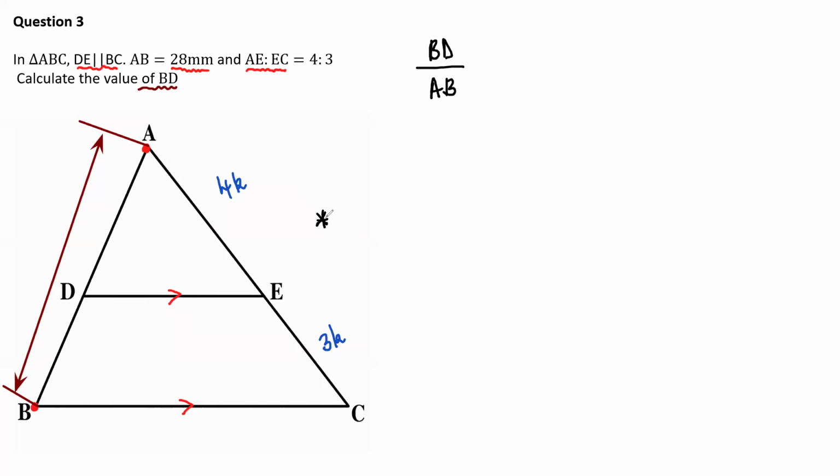Proportionality. BD is with EC. I see EC over the whole big thing, EC over AC. Reason again is the prop theorem. Back up your reason: parallel lines, DE parallel to BC. So I'm using what I'm given to find what I do not know.